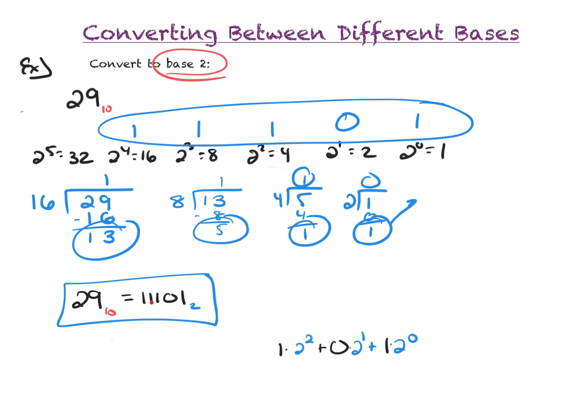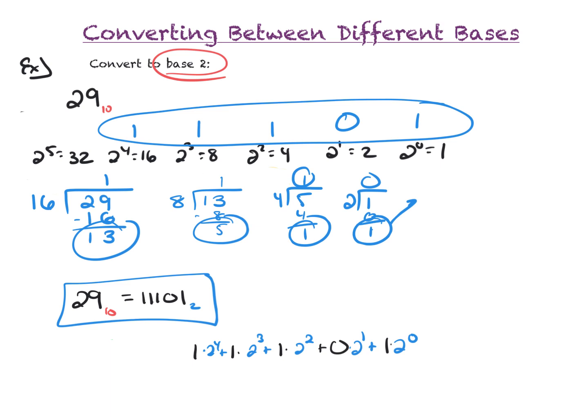Then we have 1 2 to the 3. Then we have 1 2 to the 4. And these are all being multiplied by 1s or 0s, so that makes it pretty easy.